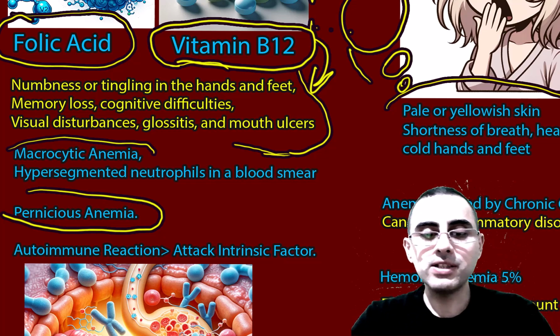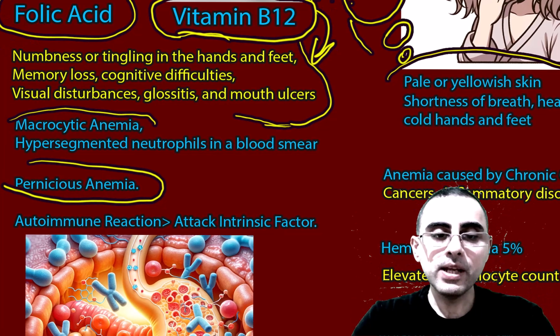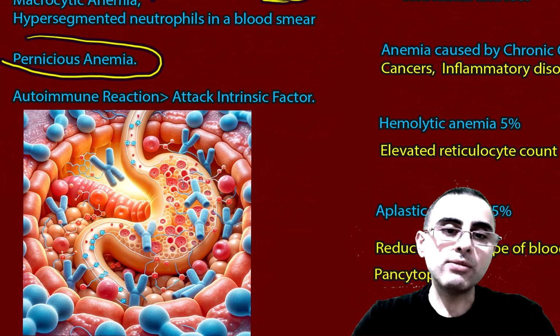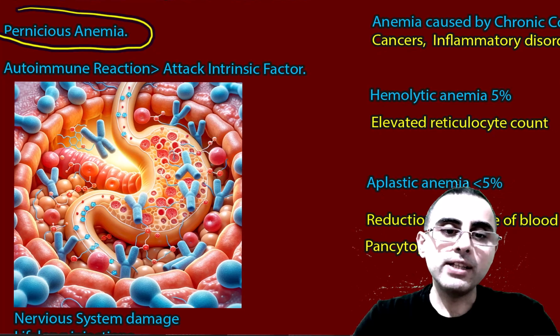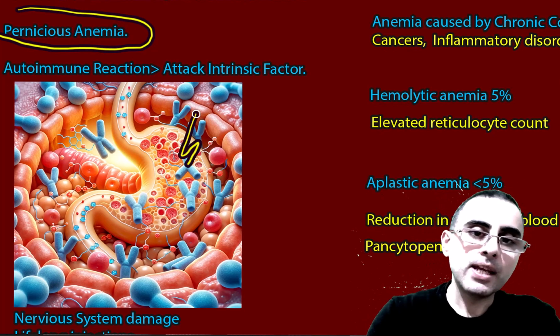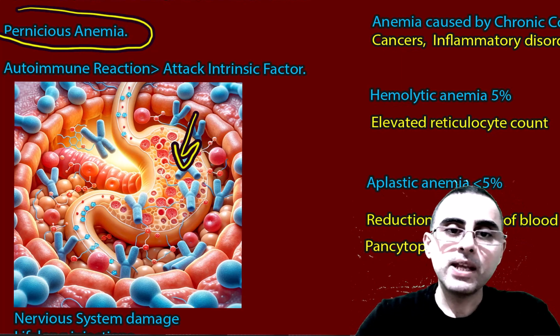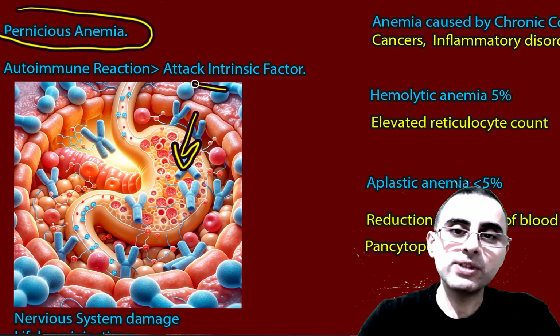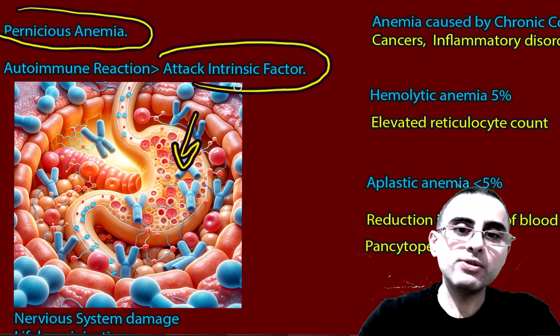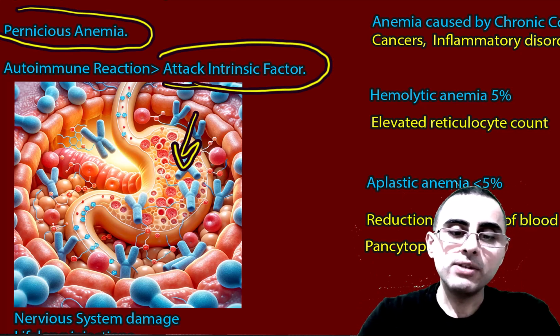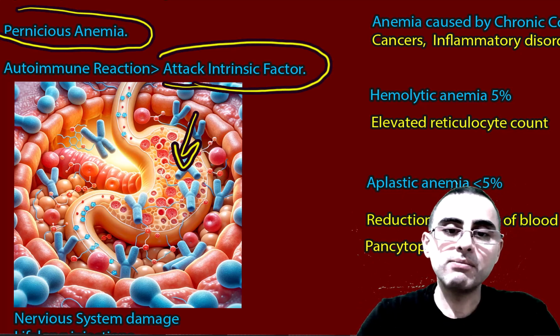And we have a specific form of vitamin B12 deficiency anemia, which is called pernicious anemia. And what does pernicious anemia mean? It means an autoimmune disorder when our body attacks our gastric cells, which produce intrinsic factor, and this intrinsic factor is a protein which is needed to absorb vitamin B12.